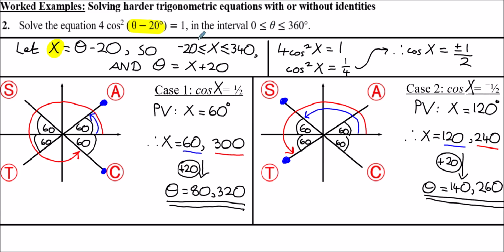So the first scenario where cos x is positive, we have these solutions for theta. The second scenario where cos x is -1/2, we have these solutions for theta. So finally, we've put these together to arrive at our final answer.